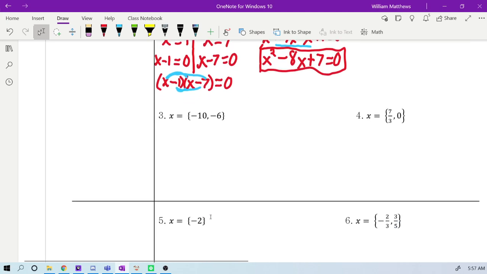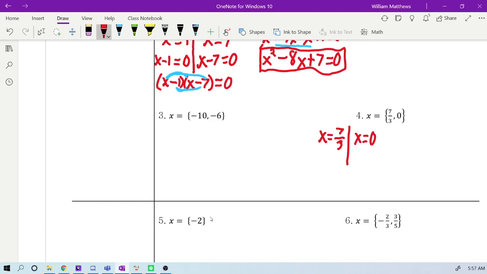Now some of them are going to be more steps, like number 4, where you would have x equals 7/3, and x equals 0.